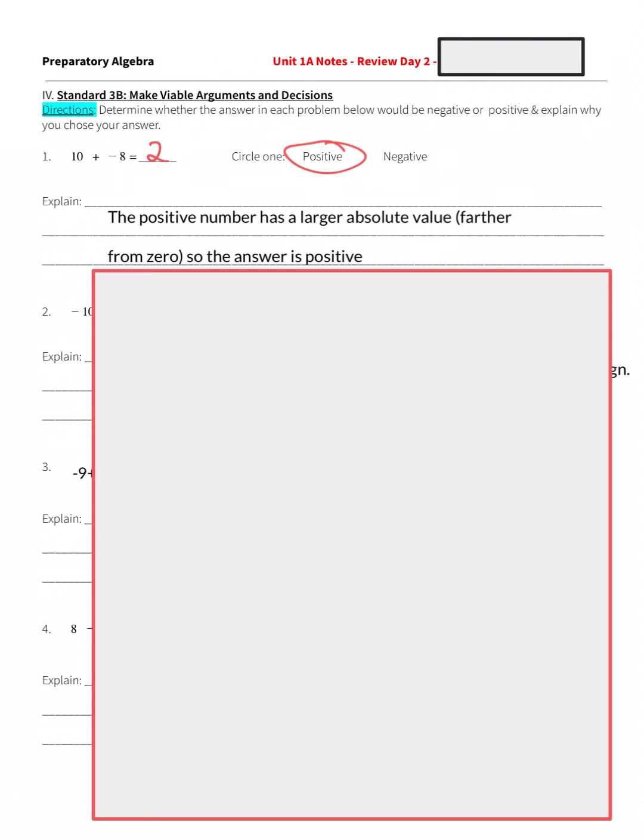So if you put something along the lines as 10 is larger than negative 8, so it's positive, or the positive number is bigger, then the answer is positive. That's totally the same thing. I use absolute value because that is the best term to use, because technically when we're looking at this, we're looking at which number is farther from 0, because the positive numbers will always technically be bigger numbers or numbers with more value.